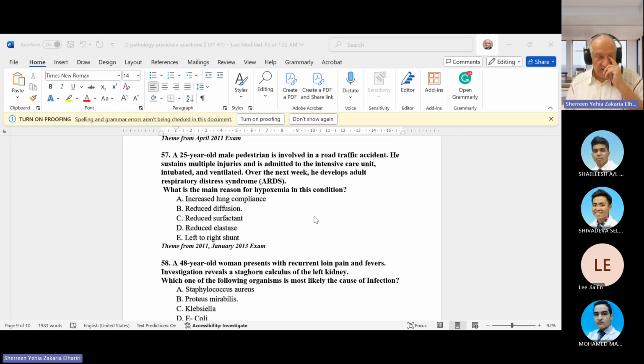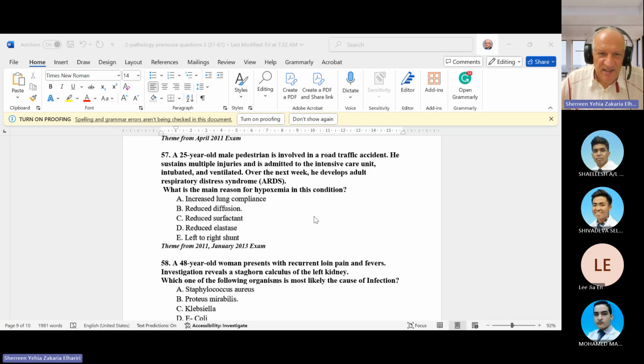If you take it one by one, increased lung compliance is not right, it is decreased. Reduced diffusion is correct. Reduced surfactant is correct in baby. Surfactant is from pneumocyte type 2, and you have a disease called hyaline membrane disease, which causes respiratory distress in baby.